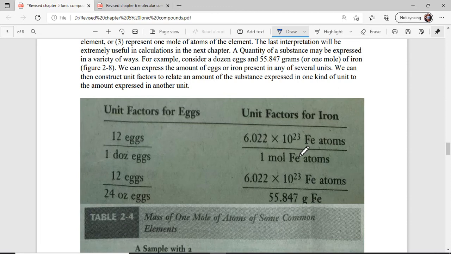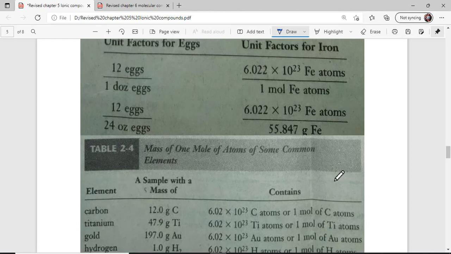You can also write the grams, which is the AMU of the atom: 55.845 grams Fe and also 6.022 times 10 raised to 23 Fe atoms.